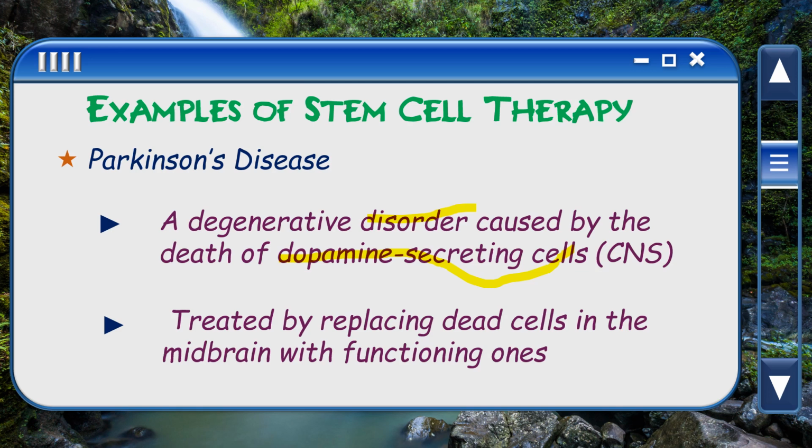It can be treated by replacing the dead cells in the brain with functioning ones. That is Parkinson's disease, found in the central nervous system.